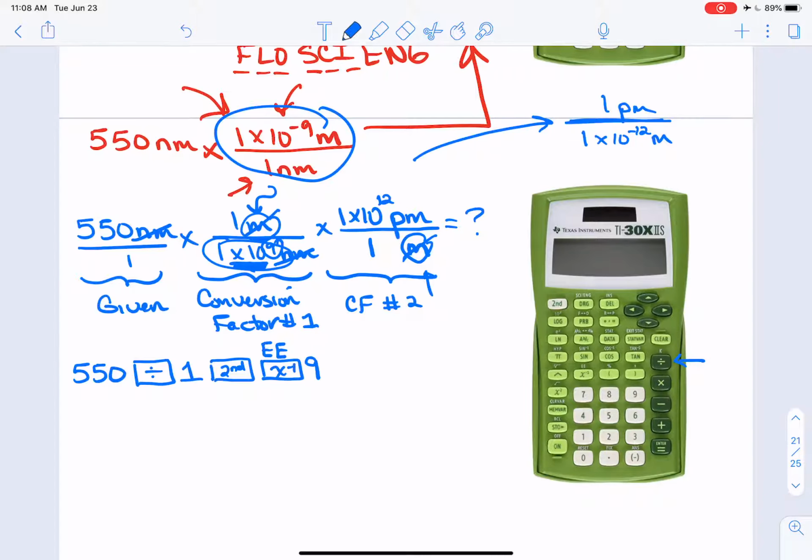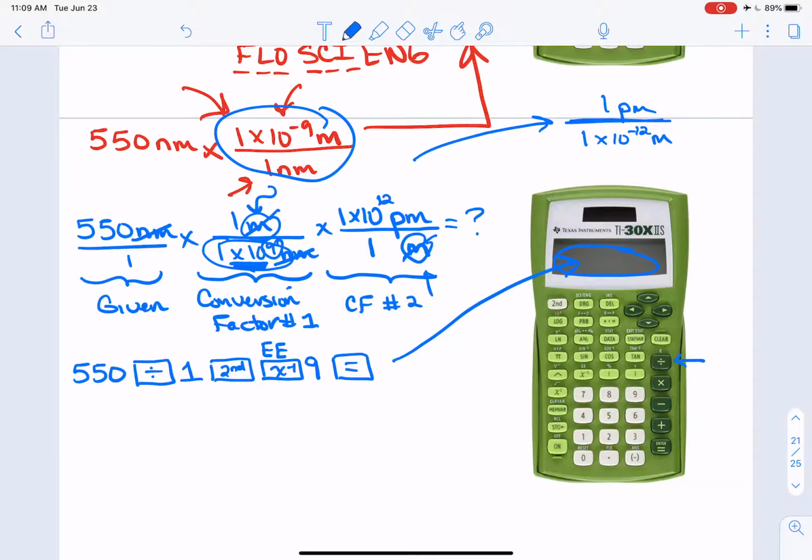Okay. And at that point, what I usually do is hit the equals sign because I just like to hit equals a lot as I go. So that's going to give you a value right there. And you're not going to need to retype the value in at all.